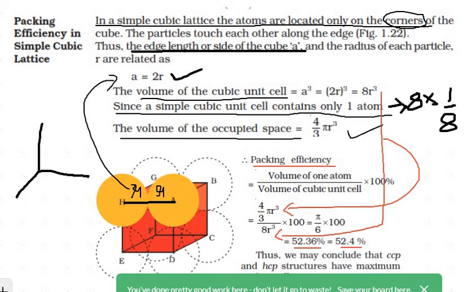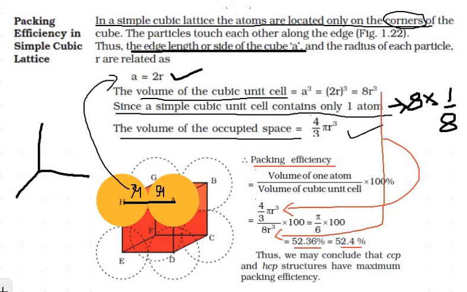So this is how we can conclude. You will learn that HCP and CCP structures have maximum packing efficiency. This is what you are going to learn in upcoming videos. For now, you need to understand what packing efficiency is and how we calculate it for simple cubic lattice.